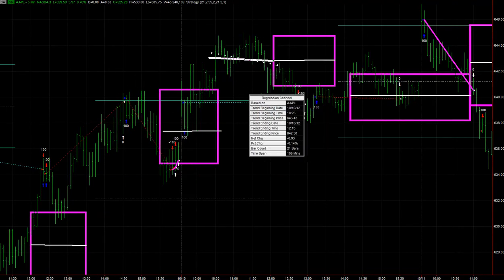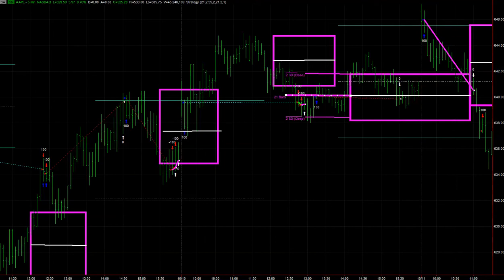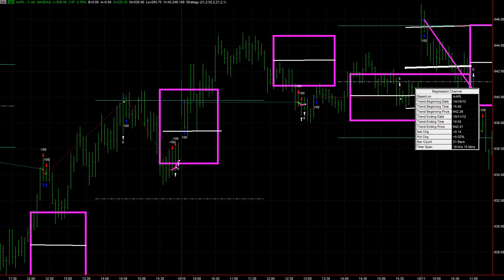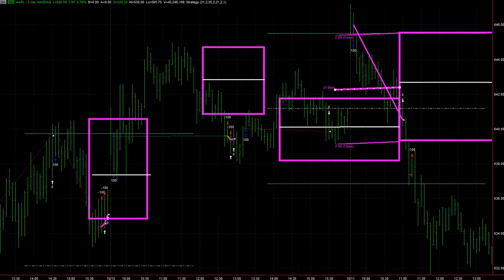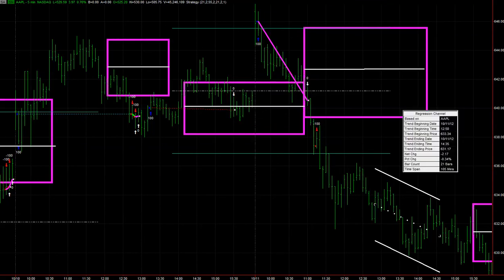Another box is made here, and then this box qualifies, again highlighting the new high is below the old mid, qualify. So we continue. That's the next box. And again, new mid is above old high. And so on and so forth.